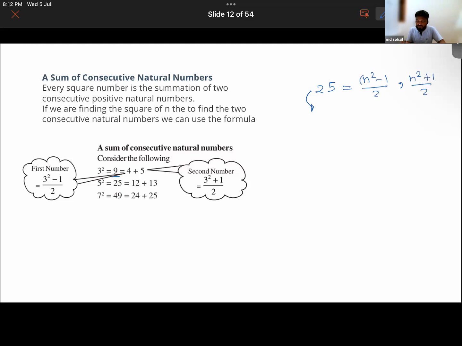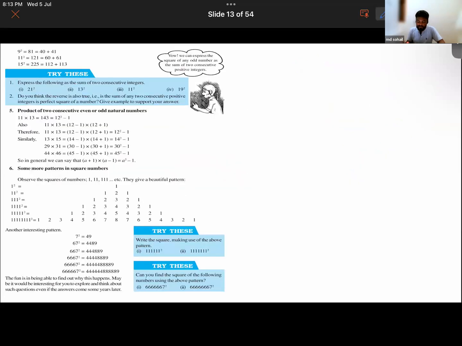So what is n here? It's simply the square root of 25, that is 5, right? So (5 square minus 1) upon 2 and (5 square plus 1) upon 2, that is 12 and 13. So 25 is the sum of 12 and 13. 12 plus 13 gives you 25. Okay, these were the exercise parts, and we observed some patterns in the numbers as well, right?